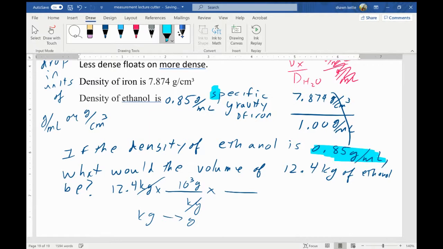That's telling us that 0.85 grams equals 1 milliliter. So I can place grams where they cancel out. Now I have a unit of volume, so I can multiply everything on top, divide through by everything on the bottom, and that gives me.